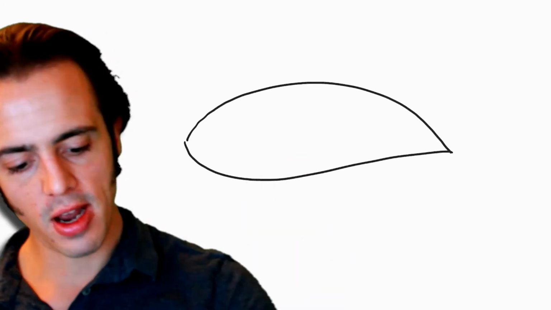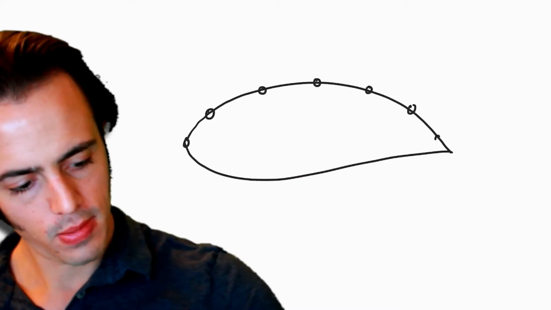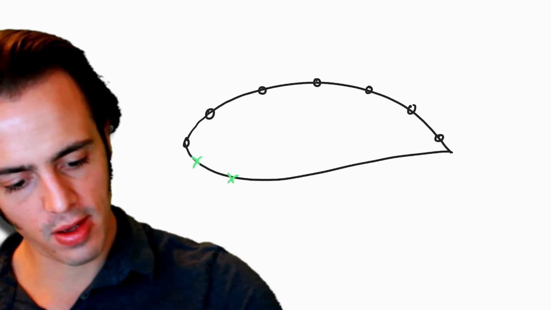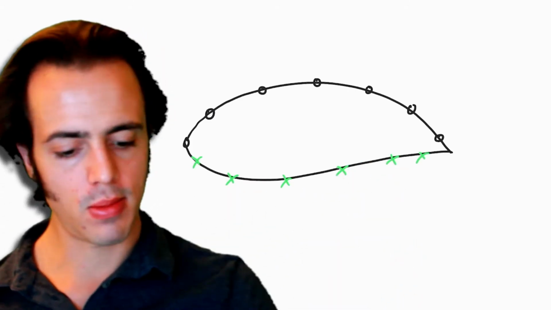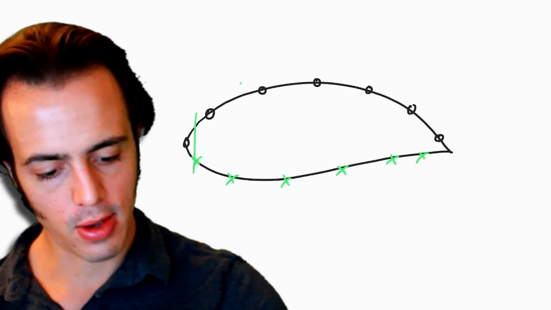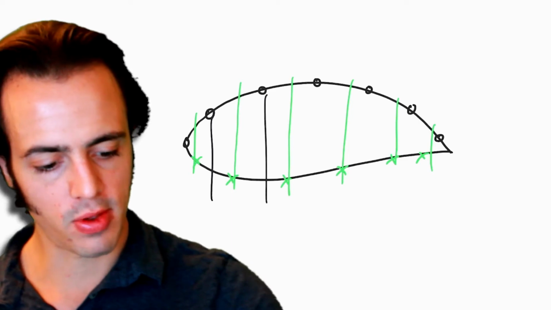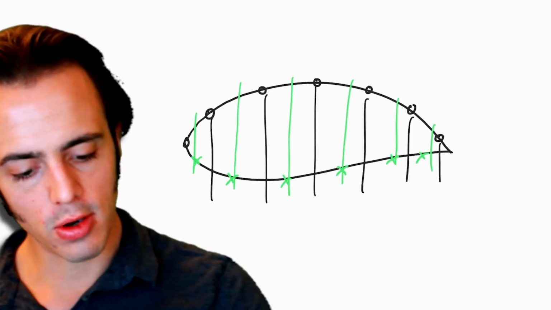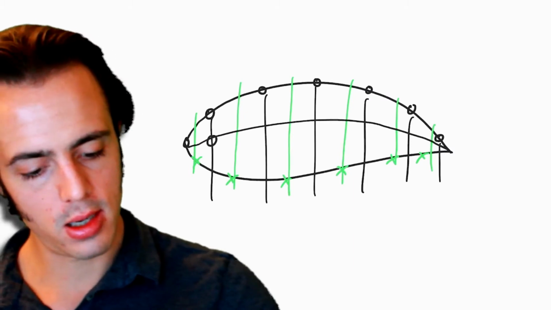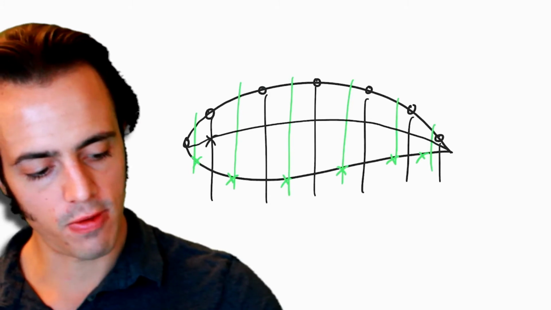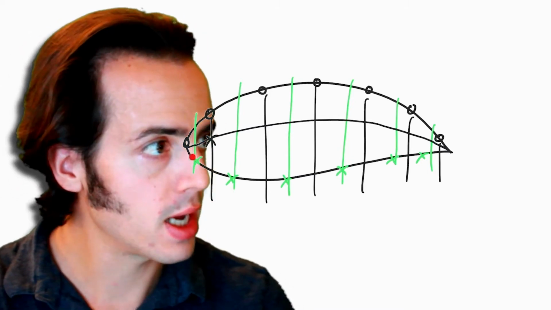So if I've got data defining my upper surface, and I've got data defining, say, my lower surface, if these aren't necessarily at the same X location, so these are my X locations for the lower surface, and these are my X locations for the upper surface, it's not correct to say that then I know my middle point here is the mean of this one, and this one. Okay, so you have to be careful.